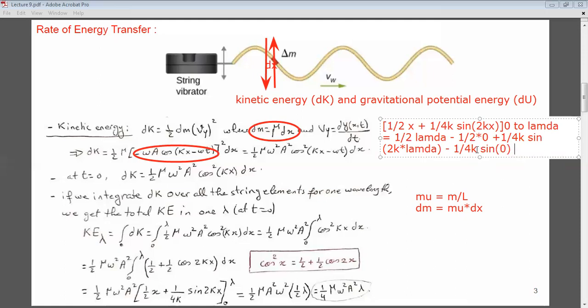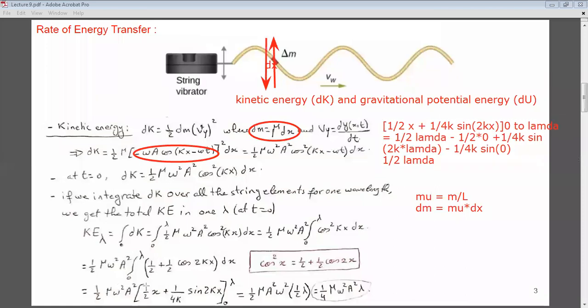Now half lambda stays, minus half times 0, that's 0. Here you have to remember that k is 2 pi over lambda. So I will have sine 4 pi, which is 0, minus 1 over 4k times sine 0, which is also 0.